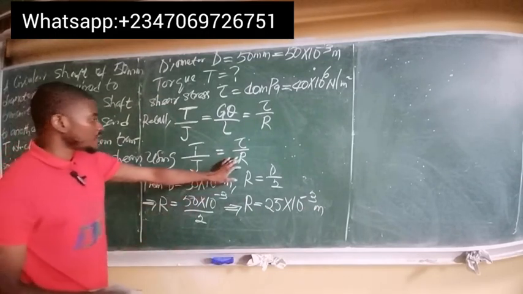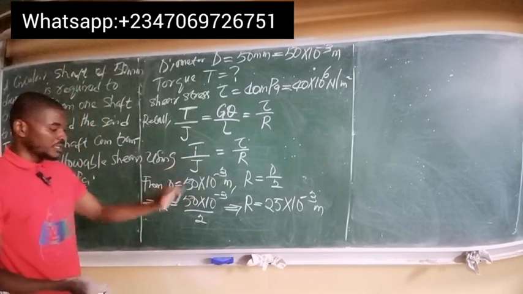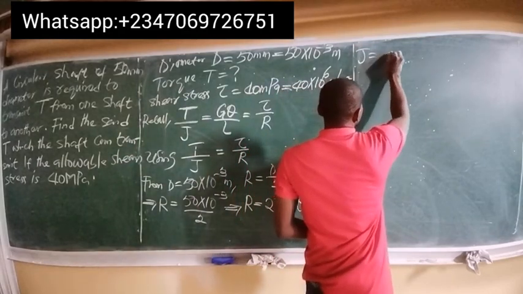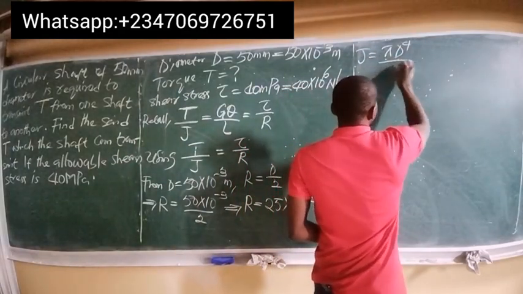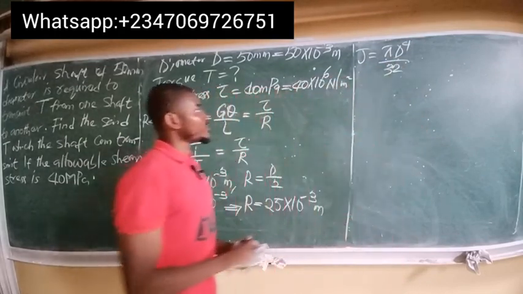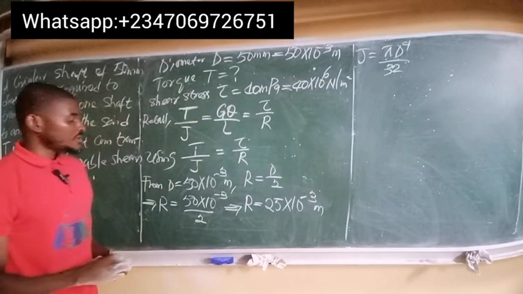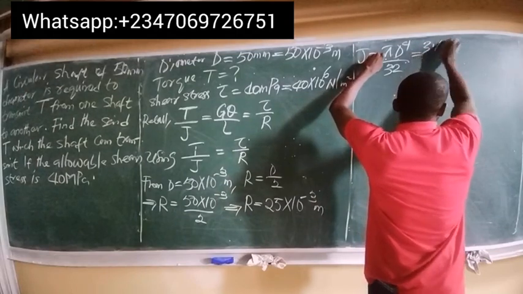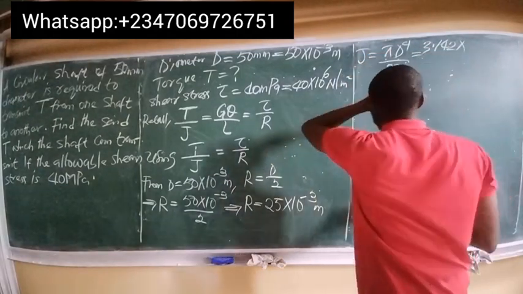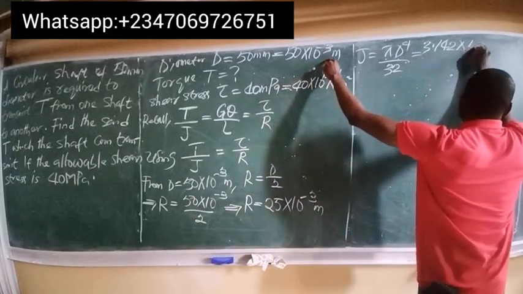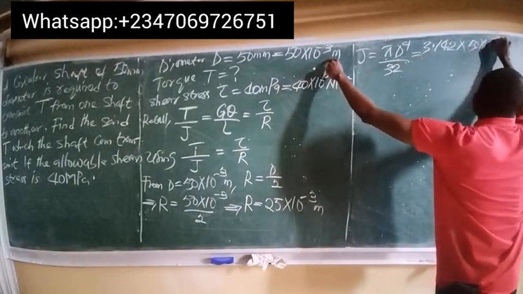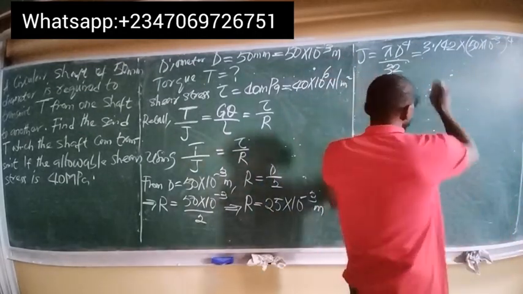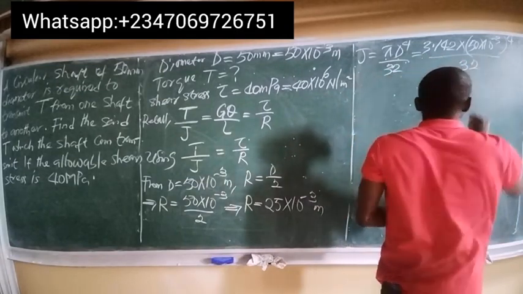So R is obtained. Next is to find the value of the second polar moment of inertia. And of course, we know that J is pi diameter to the power of 4 all over 32. That gives us the value for the second polar moment of inertia. So this is equal to pi, given as 3.142, times the diameter 50 by 10 to the power of minus 3, all to the power of 4, because we have diameter to the power of 4 here, all over 32.